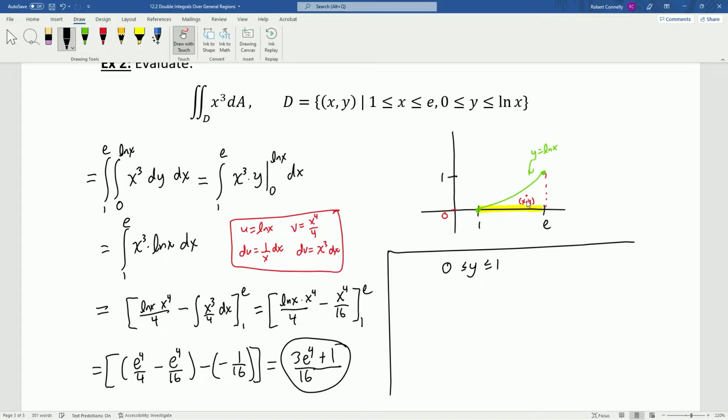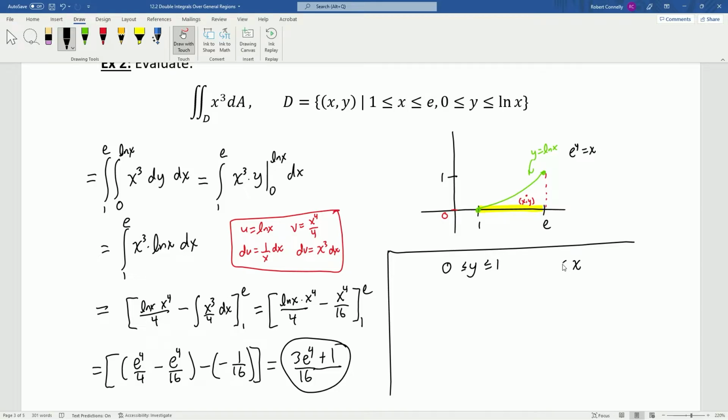then x would be bounded below by this green curve and above by e. So in that case, what's x? Well, if y equals ln of x, then e to the y equals x.